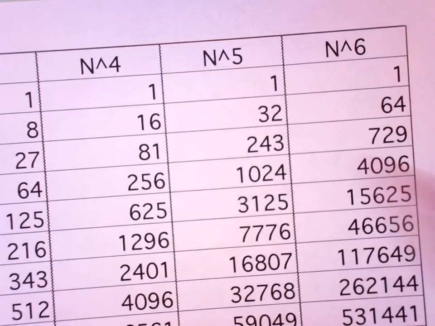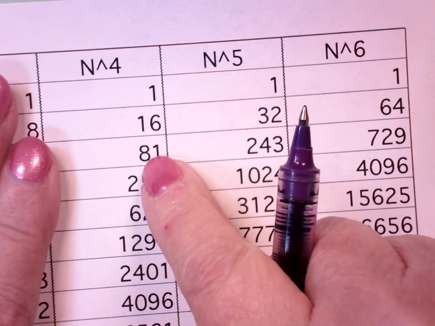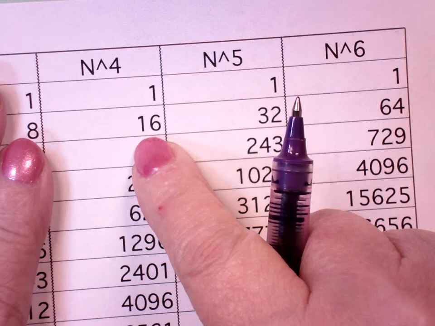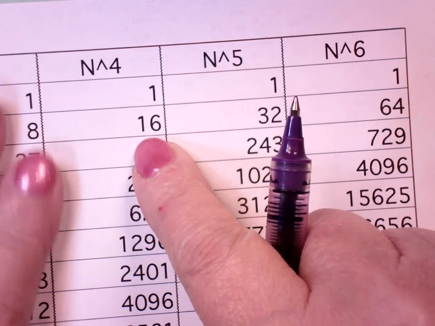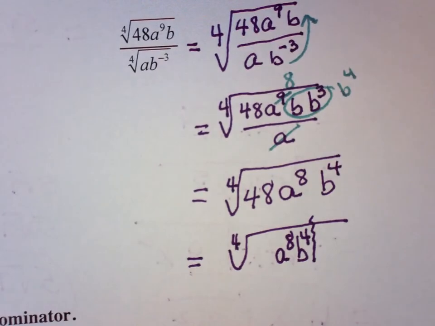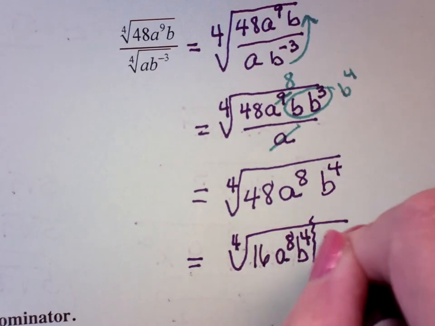For 48, I'm now looking at the 4s. Well, 48 is smaller than 81. My only choice is 16. Does 16 divide 48 evenly? Yeah, 48 is going to be 16 times 3.